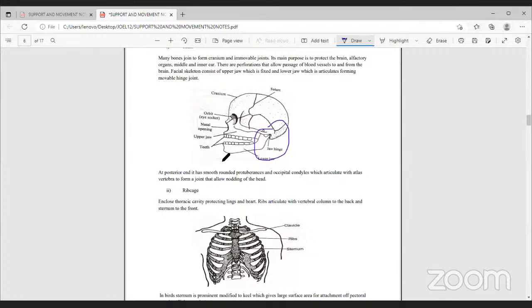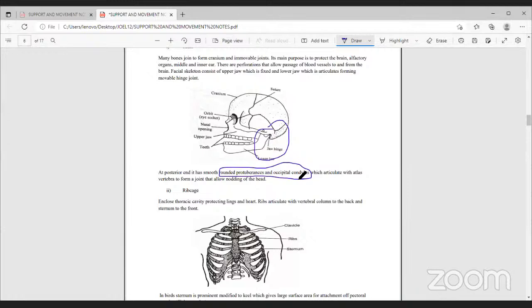So the facets that are found on the atlas are supposed to articulate, to join together, with the occipital condyles and the rounded protuberances found in the skull, to allow formation of a joint that allows nodding of the head.